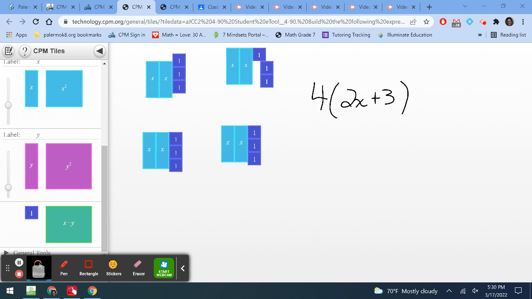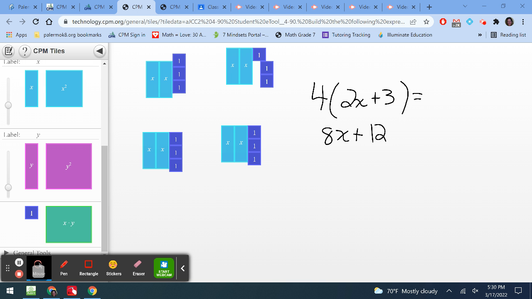We have 8x plus 12 unit tiles. So that's going to be what it's equal to, right? Okay, so that's for A.